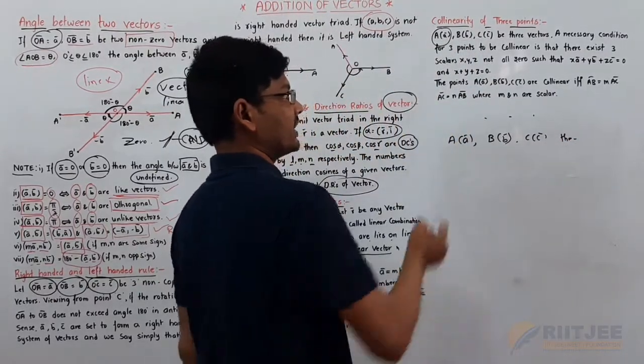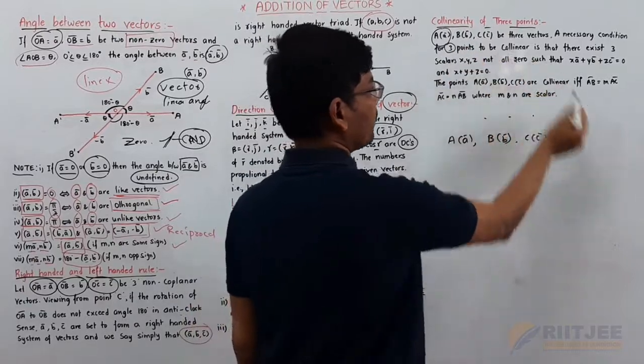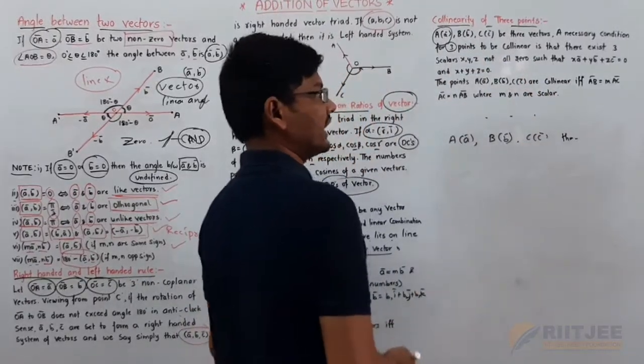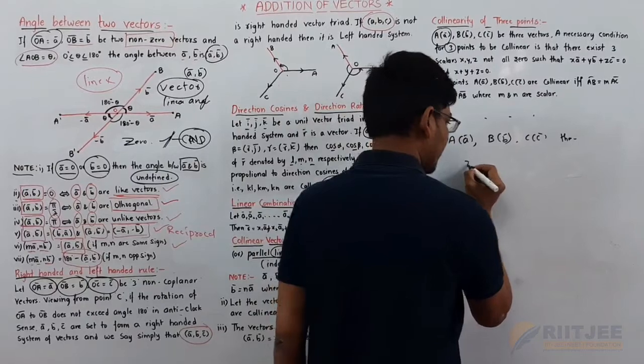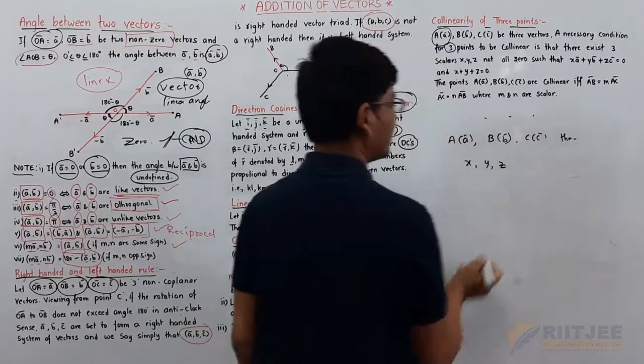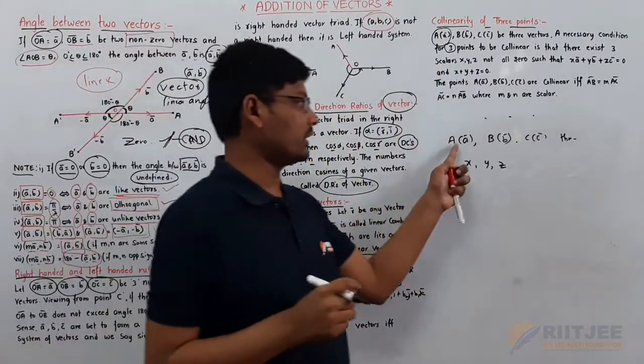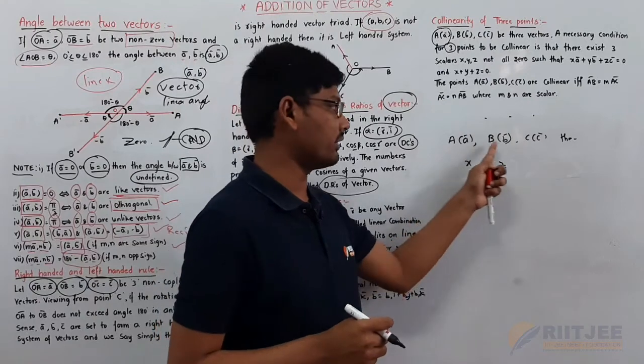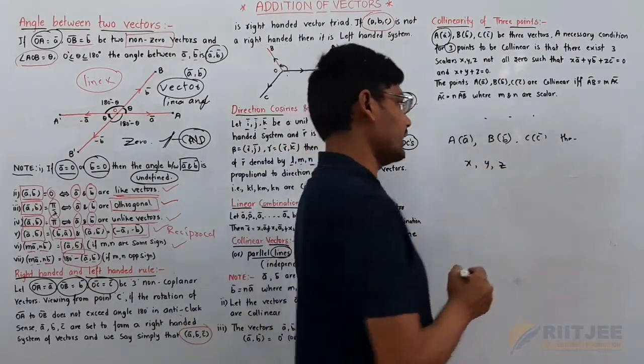A necessary condition for 3 points to be collinear is that there exist 3 scalars, that is x, y, z. So here A, B, C are vectors.